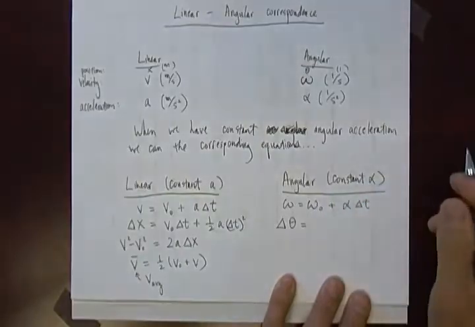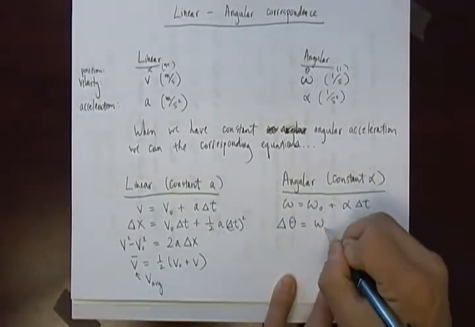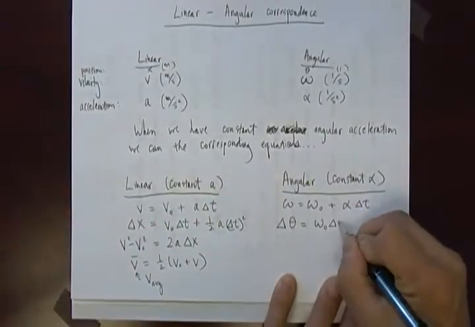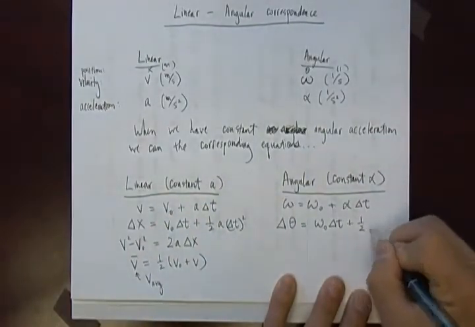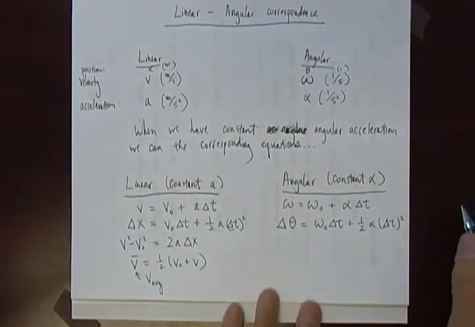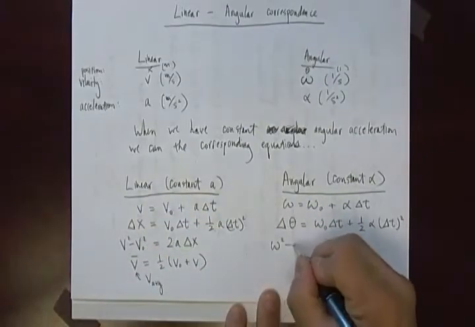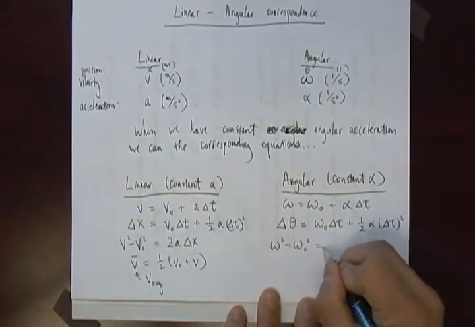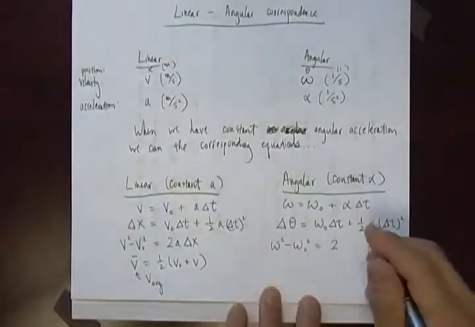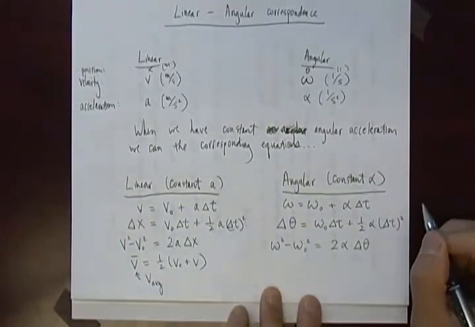So delta theta is equal to the V naught becomes omega naught times delta t, and then we get a 1/2 alpha delta t squared. And then the next equation we have omega squared minus omega naught squared equals 2 times alpha times, instead of delta x, delta theta.